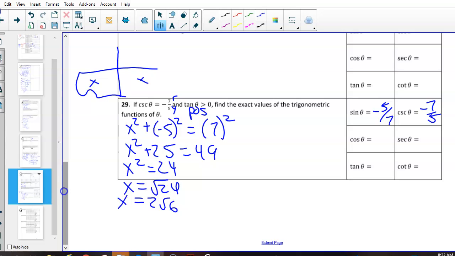And then you would need to remember your x over y, y over x, all of those things to figure out which ones are which. Some of you switched some of those up, which messed those answers up. If you have other questions, you need to come see me after school today or tomorrow before school.